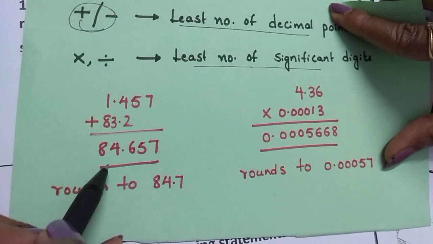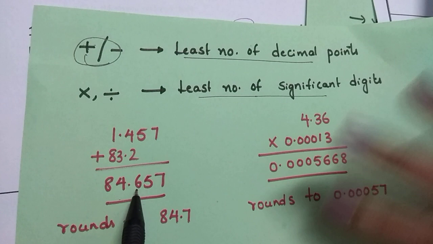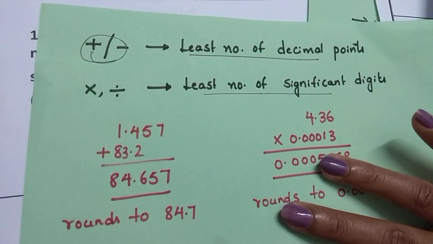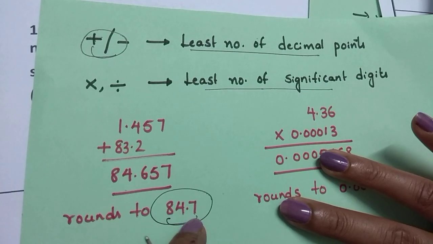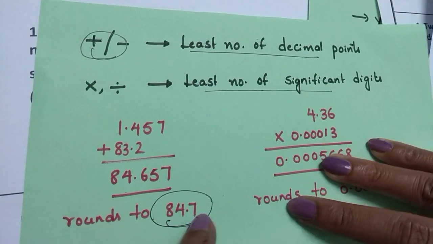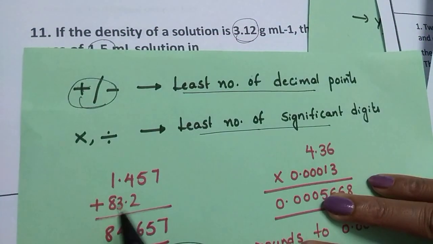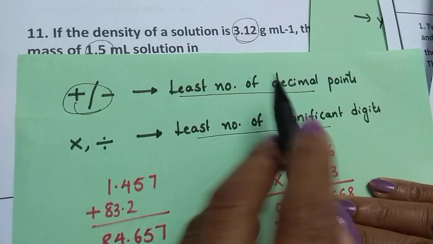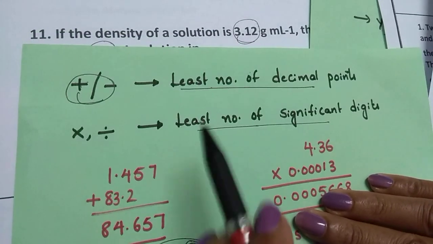See here, you copy this one, click on paste. If you add these two numbers, you have to round it off. I just round it off to 84.7. But why only 1 decimal? Because you need to check the least number of decimals.